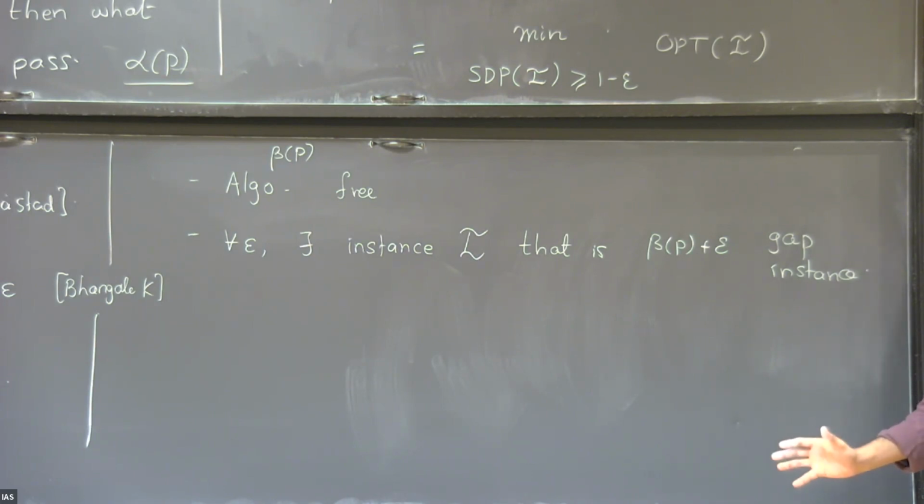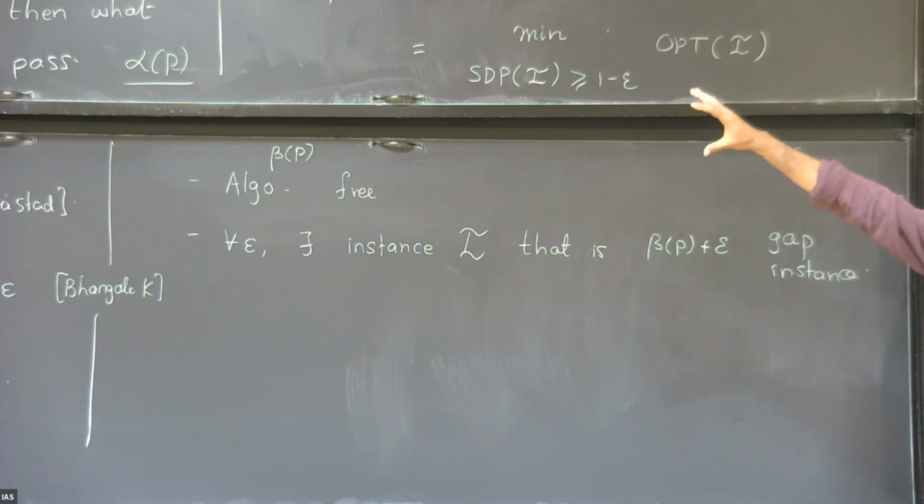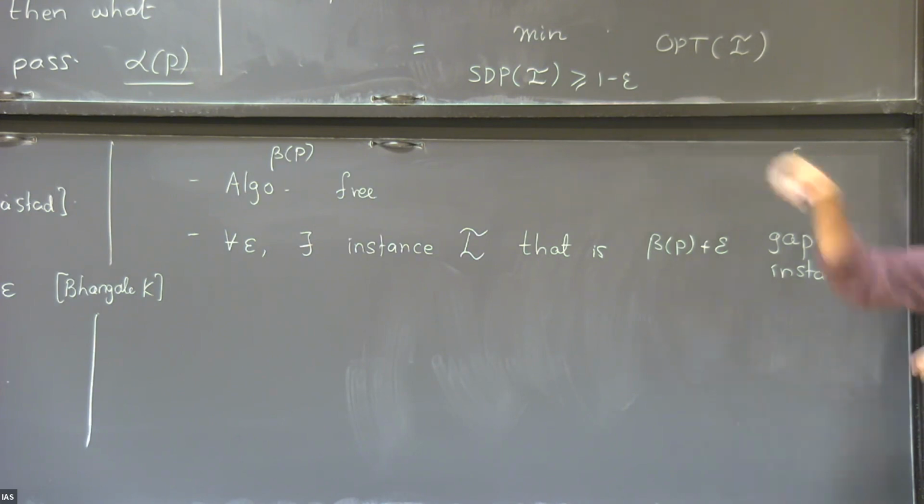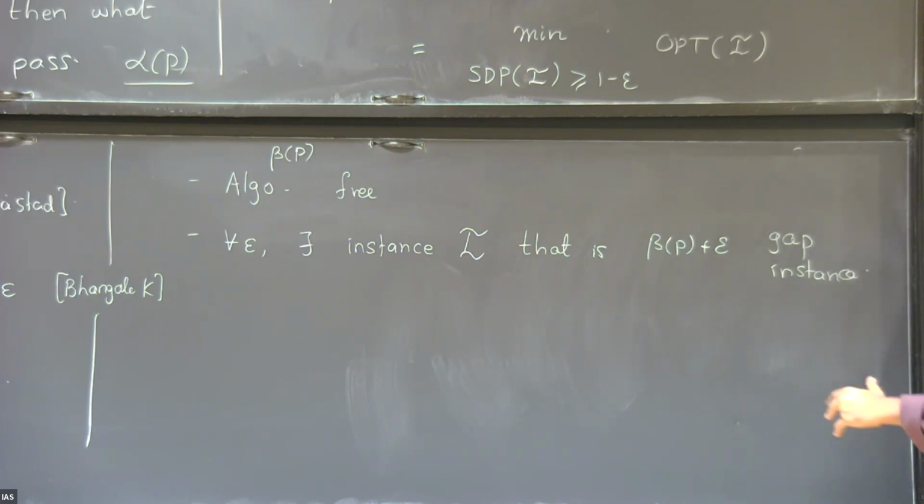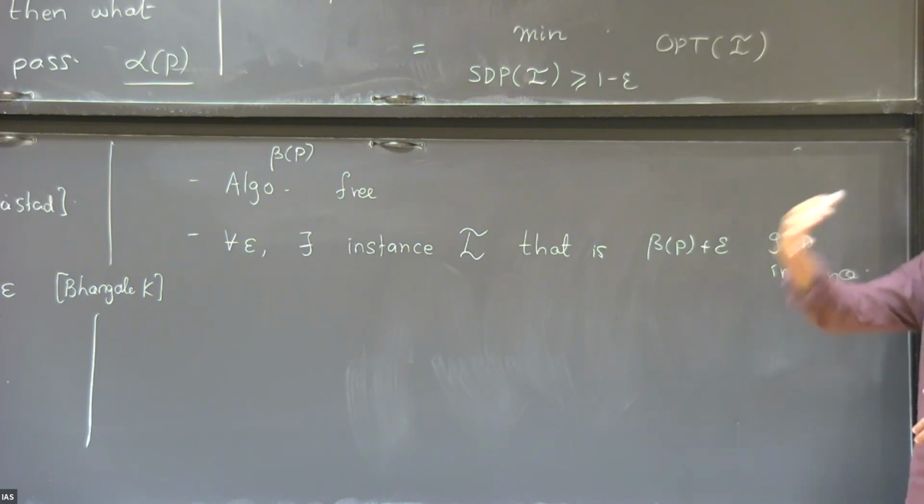Okay, and then out of that instance, he concocts a dictatorship test. So if you recall, in the dictatorship test, there are these distributions mu. Okay, they come from that instance somehow. So he uses this concrete integrality gap instance to build a dictatorship test.